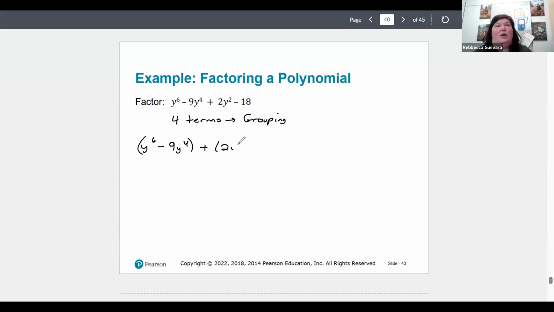And then we'll put the 2y squared minus 18 together in a group. So here I can factor out a y to the fourth, and I'll just be left with y squared minus 9. Here I can factor out a 2, and I'm going to be left with y squared minus 9.